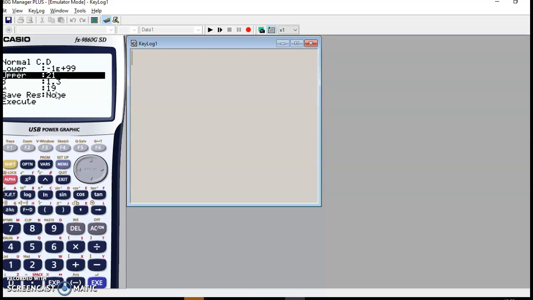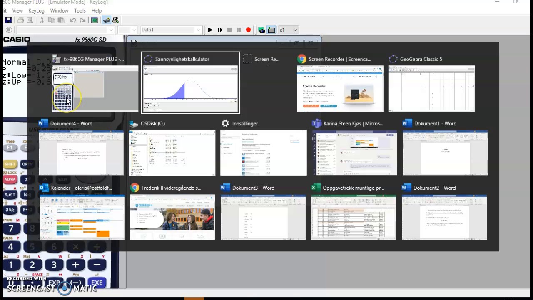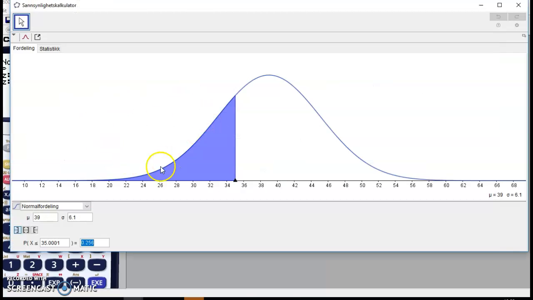The upper boundary is 35, and the standard deviation is 6.1, and the mean is 39 centimeters. And we execute, and we find the probability is 25.6. So that's just the same as we found before.